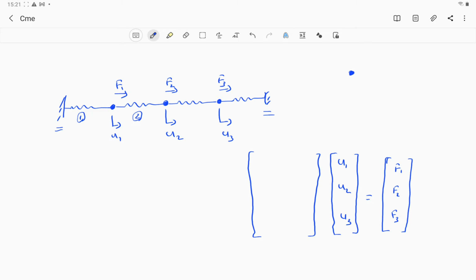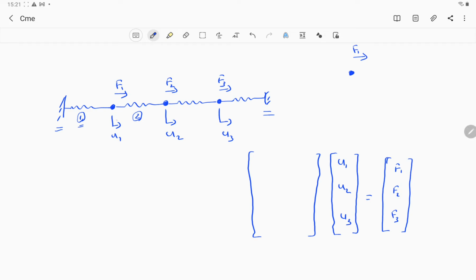So on node 1, what forces are being applied? One is F1. Then the other forces: one force will be from spring 1. The spring 1 will exert a force on node 1, and in which direction?